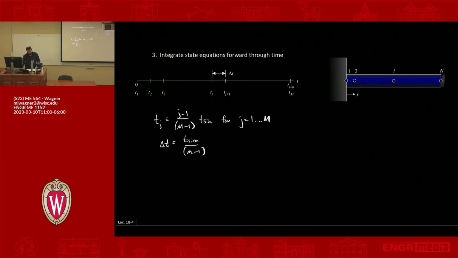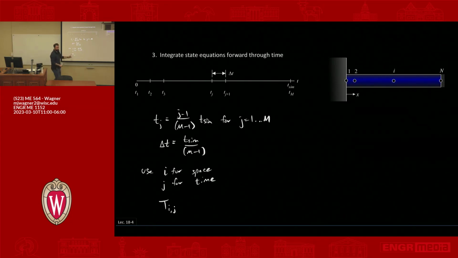And let's use I for space. We're going to use J for time. So we would say T(I, J) for everything. So T, space and time.